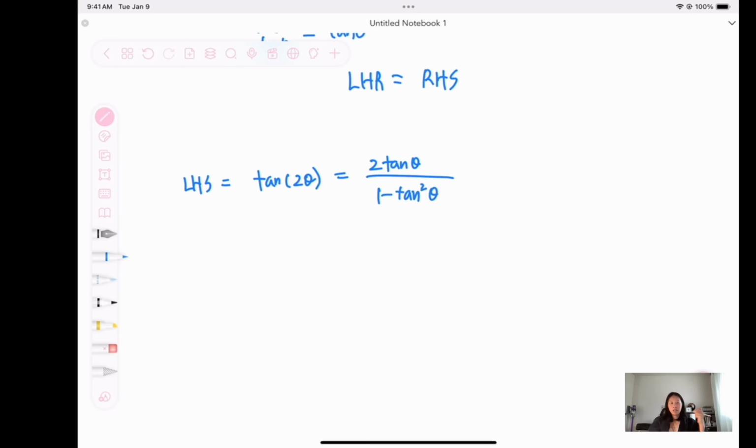And then my first thought is, okay, I am not familiar with tangent. Maybe I can convert the tangent to sine over cosine. Maybe this is my first thought, make everything sine over cosine. So this has become a very complicated function.